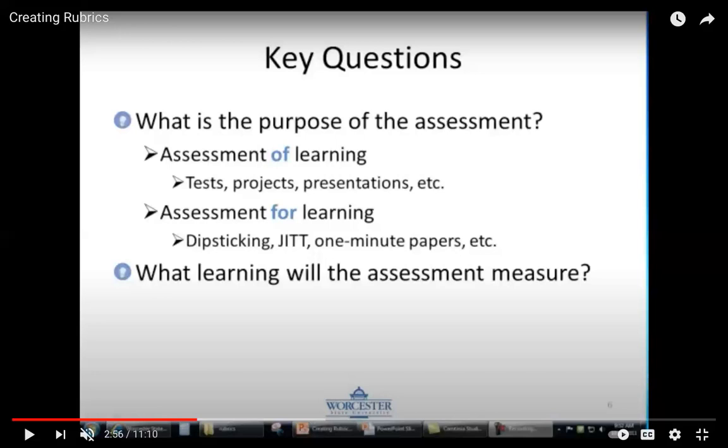Well, the assessment of learning, I think it is more specific. I mean, this assessment is about determining what students are able to do. It is about collecting information on what students can do or cannot do.